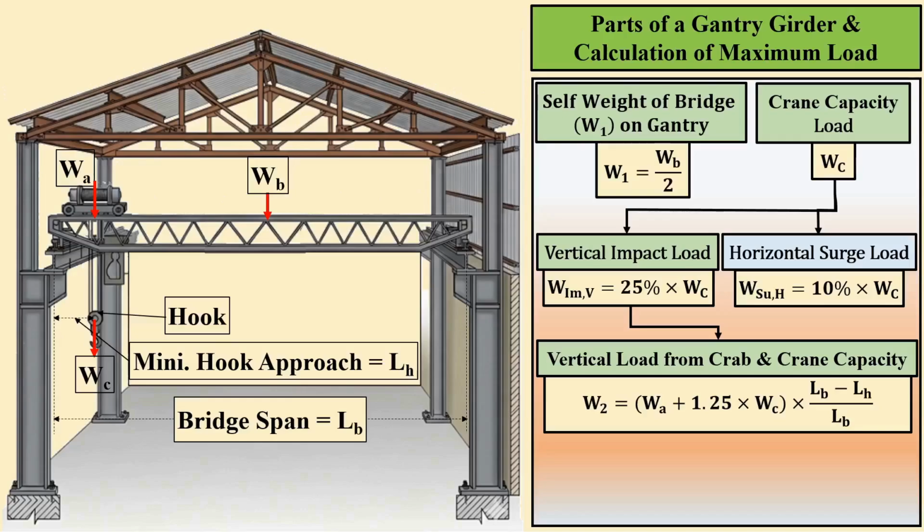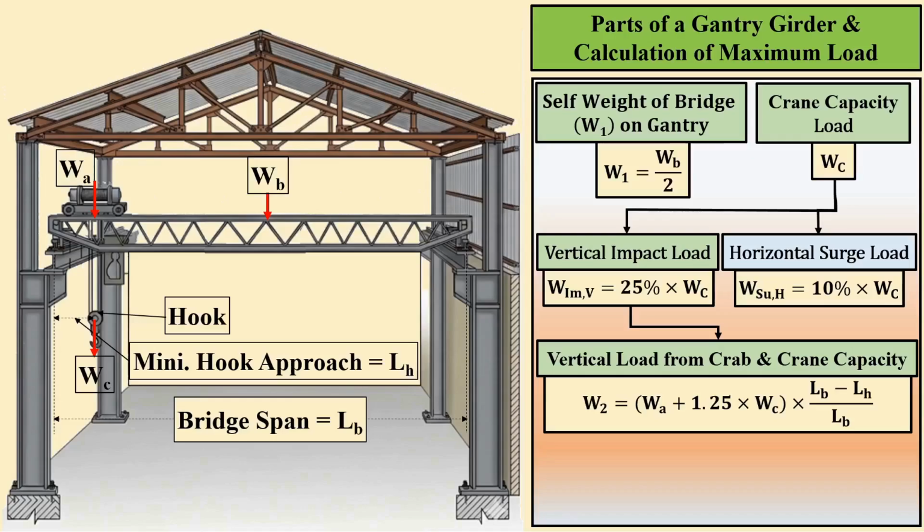To find W2, we take the crab weight WA, plus 1.25 times the crane capacity WC. We then multiply this sum by the quantity, bridge length LB minus hook approach LH, and divide the whole amount by the bridge length LB.